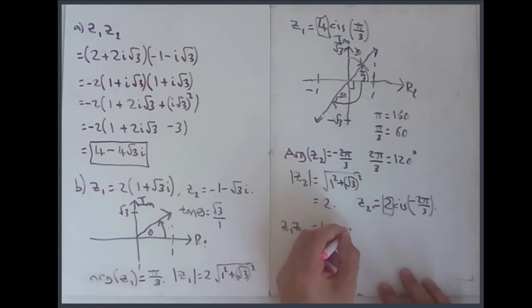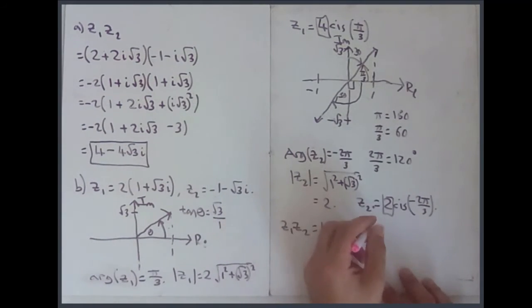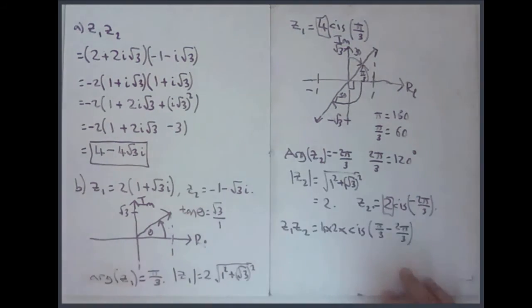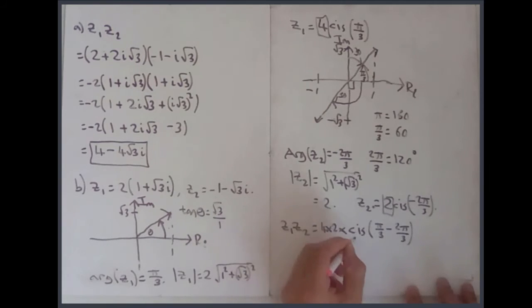Times cis, and then we add the arguments, so pi by 3 plus minus 2 pi by 3, so pi by 3 minus 2 pi by 3, because we're adding a negative. So pi by 3 minus 2 pi by 3 is minus pi by 3, so that equals 8 cis minus pi by 3.